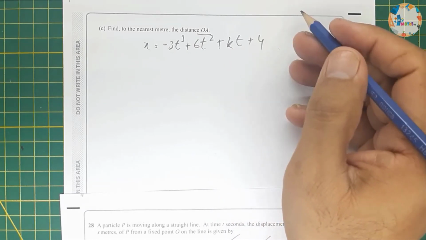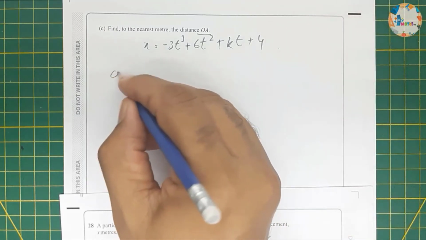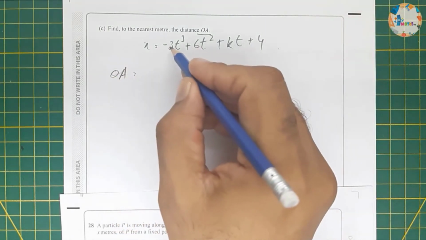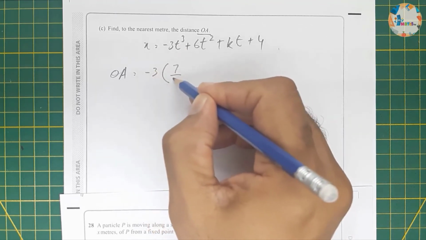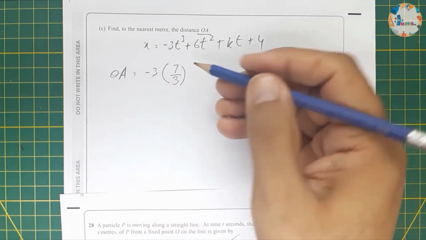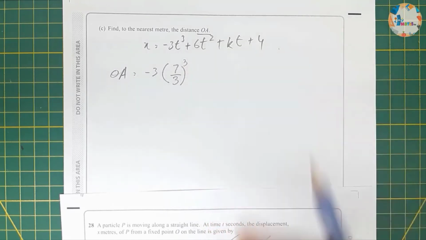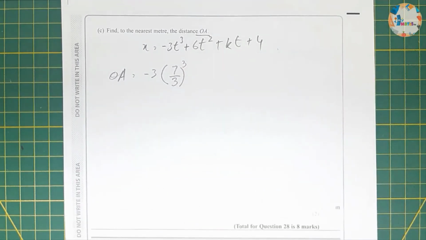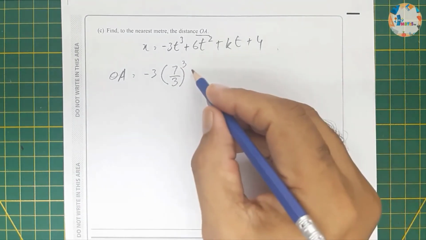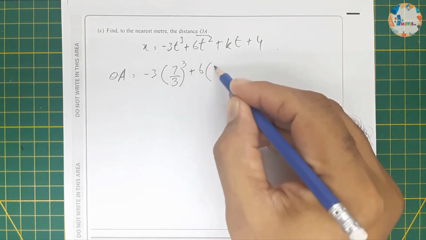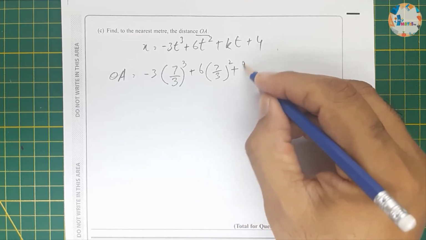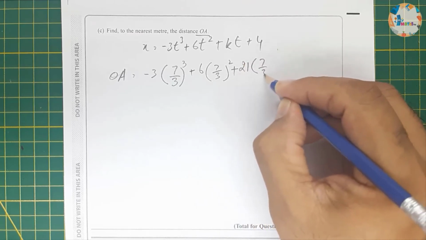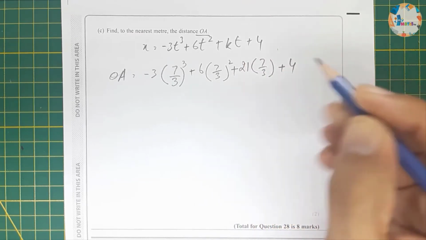Now OA will be equal to minus 3 into the t value, which we found in the previous part, 7 by 3, so 7 by 3 cubed, plus 6 into 7 by 3 squared, plus the k value, which is 21 and which we also calculated, times 7 by 3, plus 4.